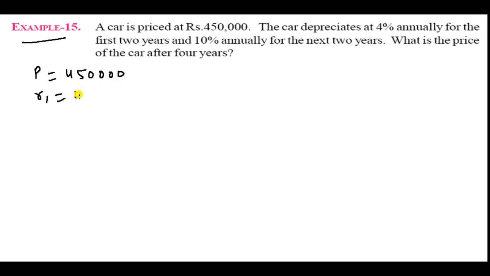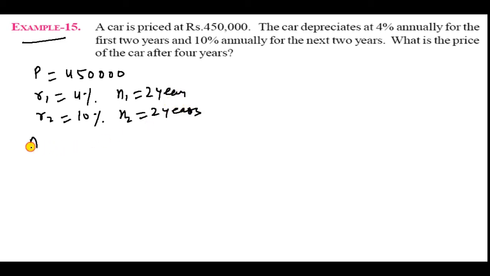A car is purchased for rupees 4,50,000. The car depreciates 4% annually for the first 2 years and 10% annually for the next 2 years. So what is the price of the car after 4 years? So let us start, how can we do this.